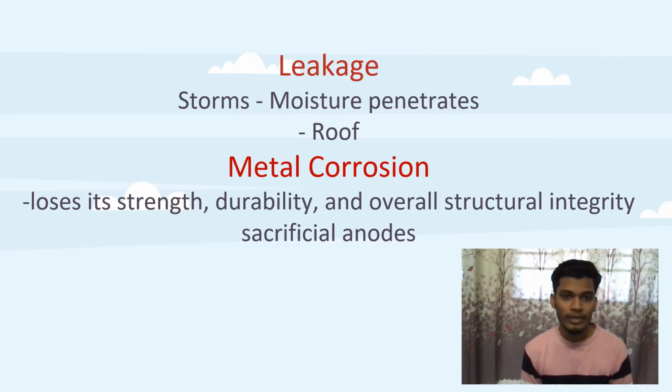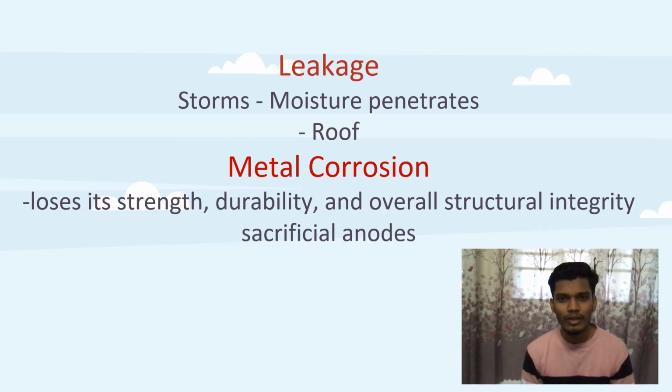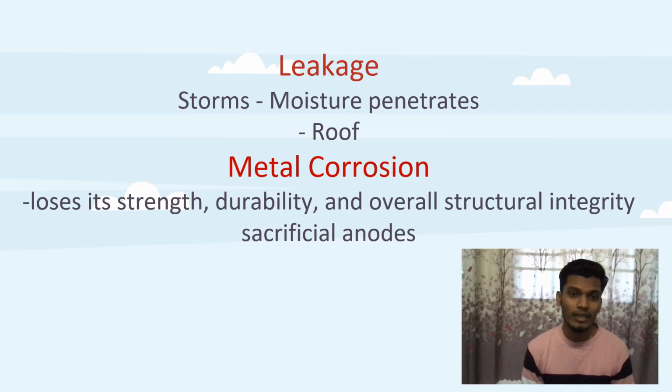So for the third factor which is included in steel building repair works, which is metal corrosion. Steel is one of the materials that corrode naturally with exposure to the elements, and as a steel structure undergoes extensive corrosion, it loses its strength, durability and overall structural integrity.